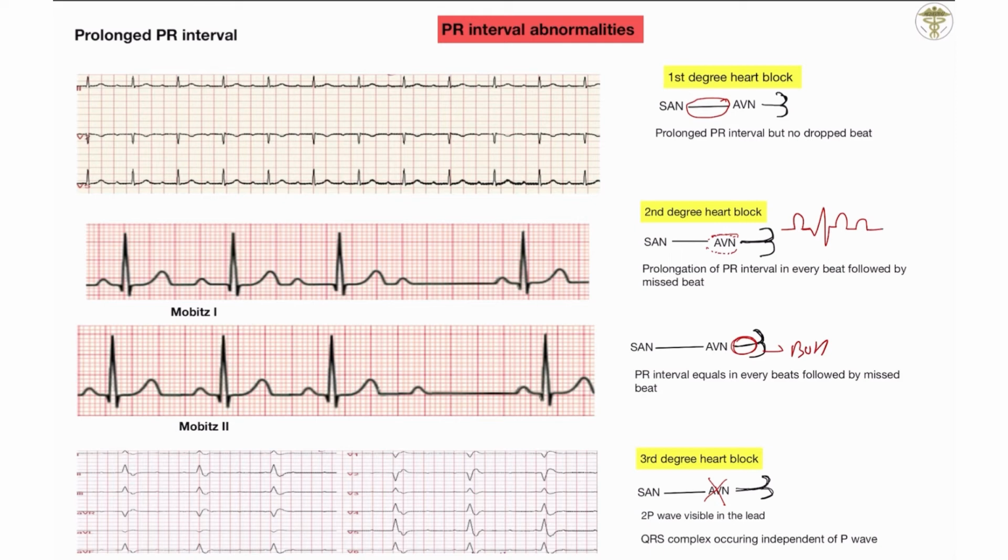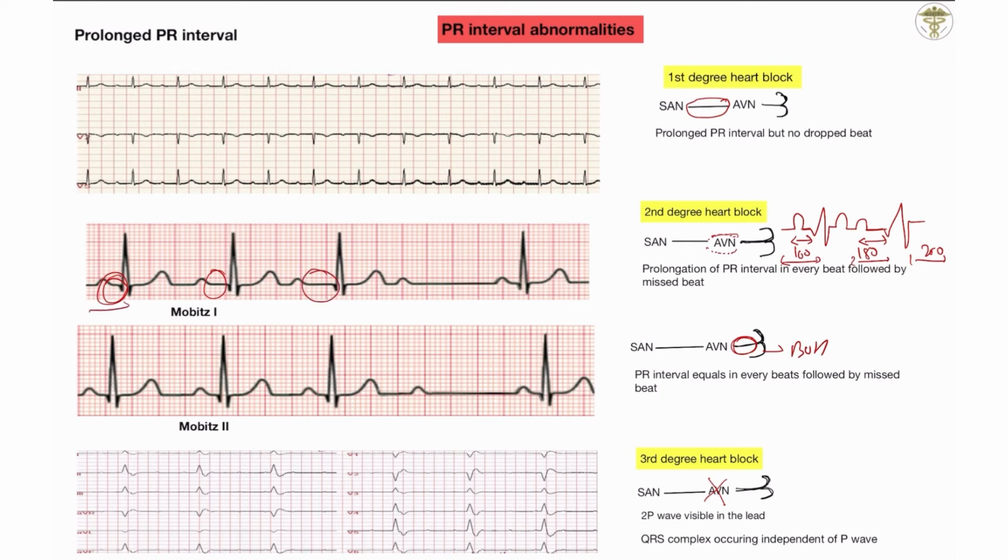Now the P wave, and after that the PR interval increases. So you will see that the PR interval is 160, then after that 180, after that 200. So in Mobitz first, the PR interval increases, like here, first, second, third.